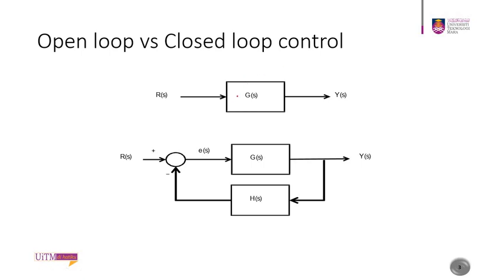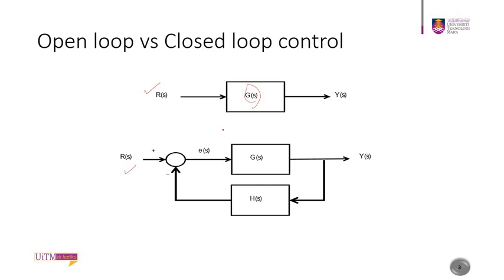So here you can see this is the open loop, and this will be the closed loop system. You have block G, which represents the open loop gain of the controller, or the system, in the forward path.